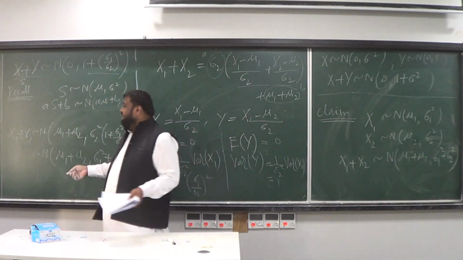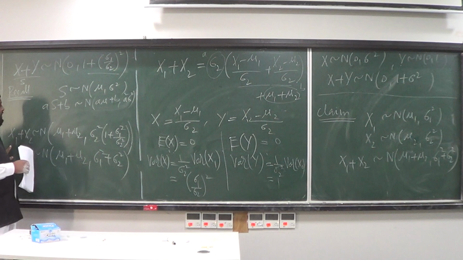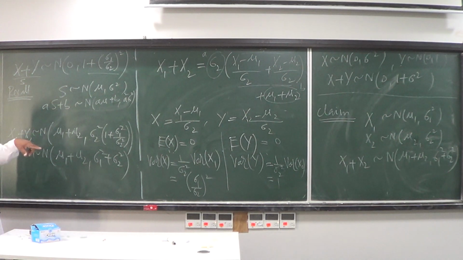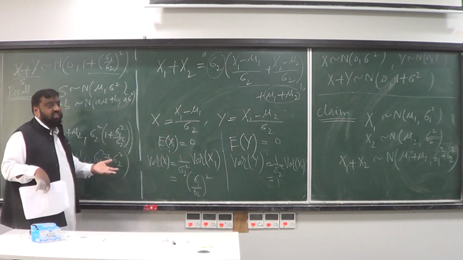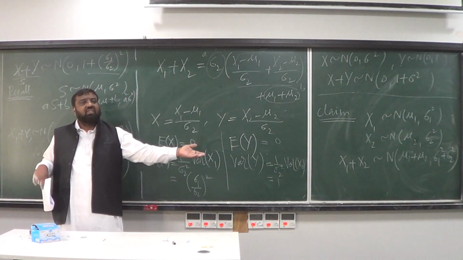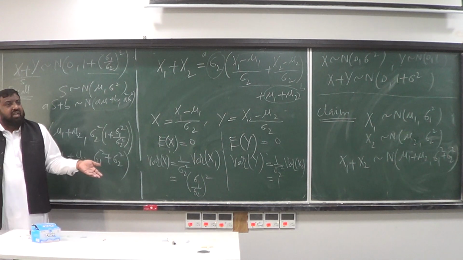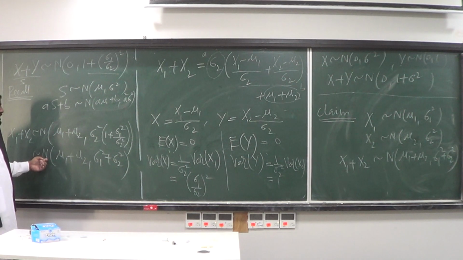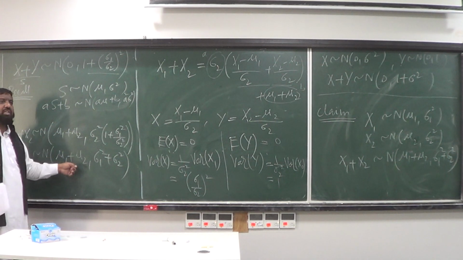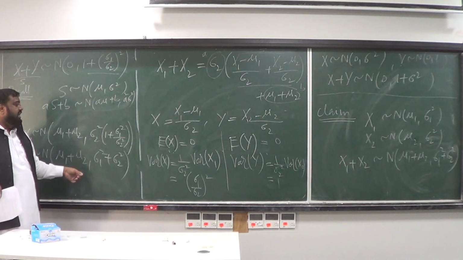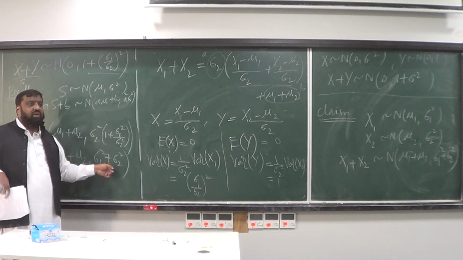If you have x1 that has mean mu1 and variance sigma 1 square, x2 that has mean mu2 and variance sigma 2 square, x3 that has mean mu3 and variance sigma 3 square, up to xn that has mean mu n and variance sigma n square, and you sum them, their sum is also going to be normally distributed with mean mu1 plus mu2 plus mu3 up to mu n, and variance sigma 1 square plus sigma 2 square up to sigma n square.